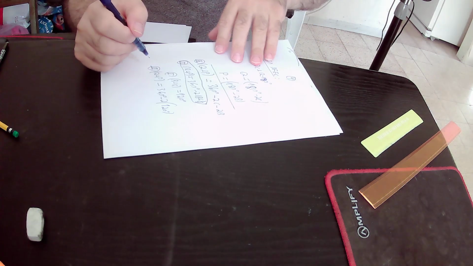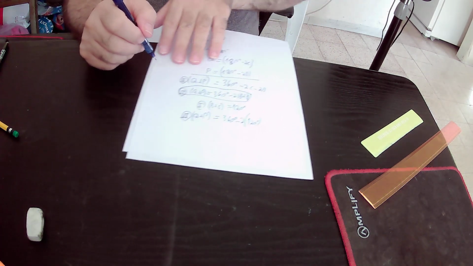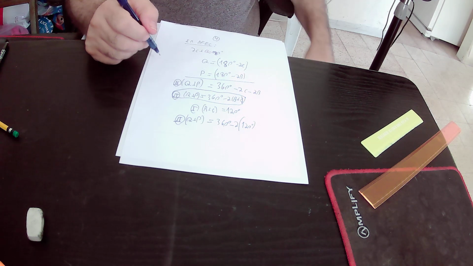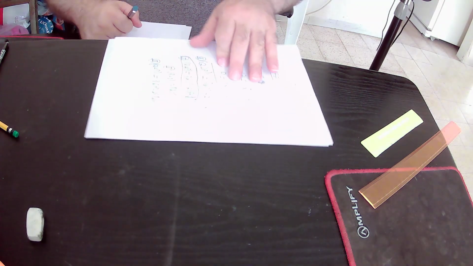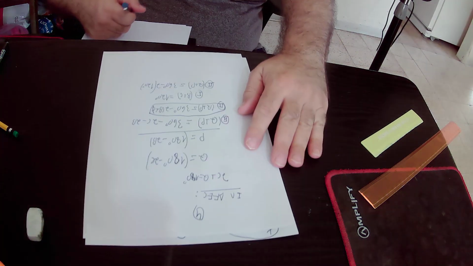So in total we got that Q plus P equals 360 degrees minus 2 times 120 degrees. That is actually equal to 240 degrees.